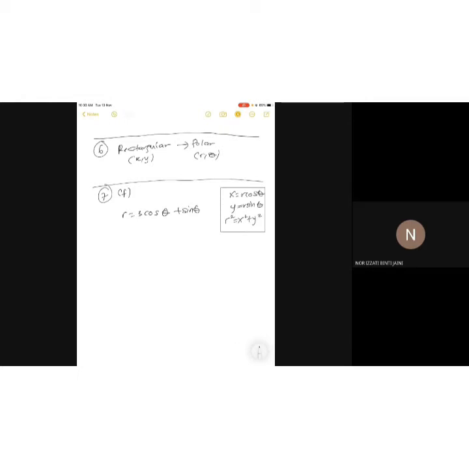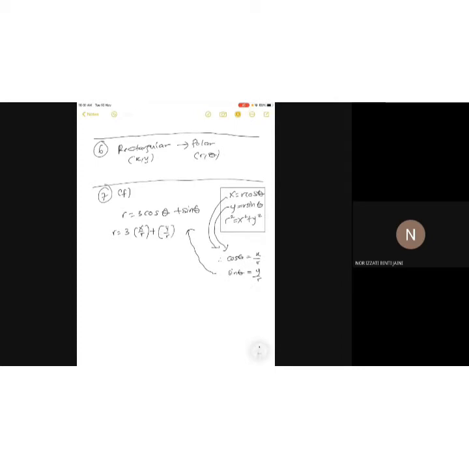Okay, apa yang you boleh buat, katalah saya nak tukarkan x dan y ni ke dalam cos dan sin supaya saya boleh substitute back. So, I will have cos theta equals to x over r kan. And my sin theta will be equals to y over r. So, I substitute here to this one. So my cos will be x over r. My sin will be y over r.